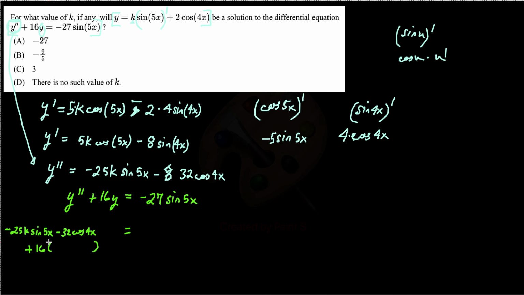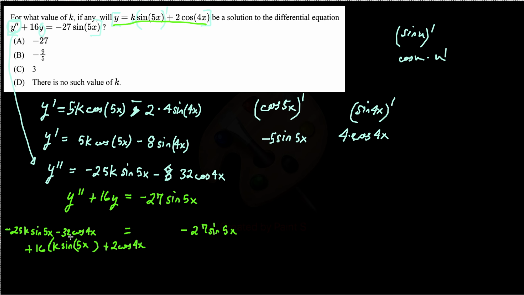Y is this whole thing: k sine 5x plus 2 cosine 4x. I'm going to run out of room, so I'll start writing a little smaller. This should equal negative 27 sine 5x.